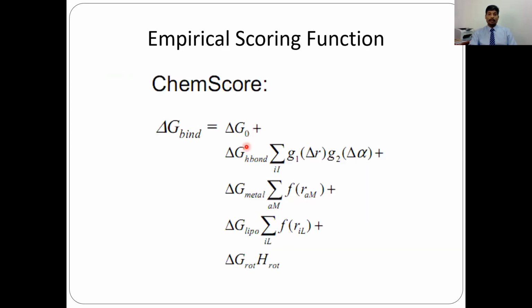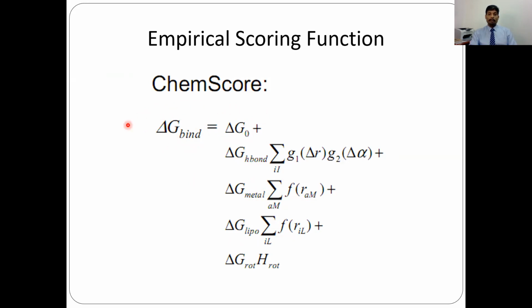So these are all the things it will take: Gibbs free energy, and the changes due to hydrogen bonds, metal interactions, rotatable bonds, etc. So it will give you the change in the Gibbs free energy after the binding. This is called ChemScore.